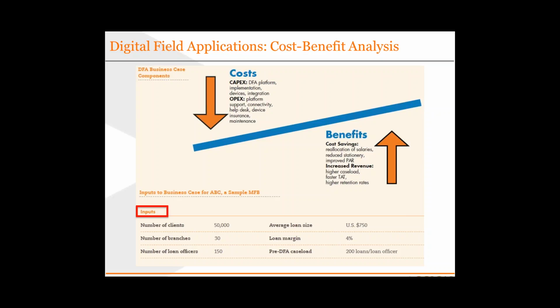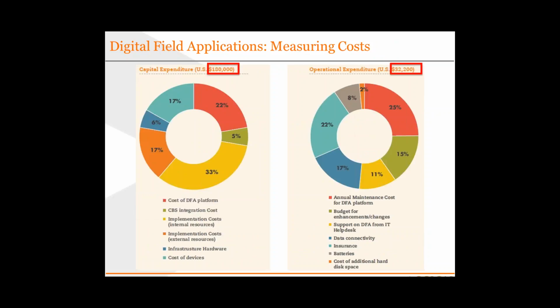So you can see here the inputs that we created for this hypothetical MFI in terms of number of clients, roughly 50,000, average loan size 750, with these other inputs here, then we calculated out the capital expenditures, which, again, according to the inputs that we provided, were about 180,000, along with annual operating expenses of about 32,000.